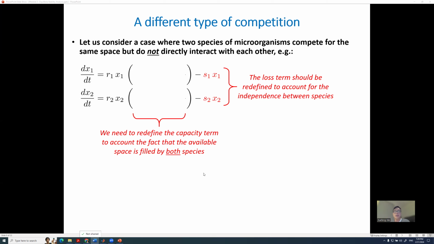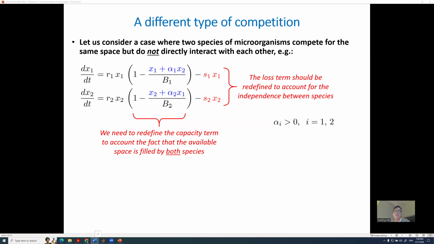Accordingly, we can use a linear combination, as reported in blue here, to account for the competition for space between the two populations of bacteria. Notice that here, B1 and B2 have very specific meanings. They are the maximum density that X1 and X2 would achieve respectively if they were alone.